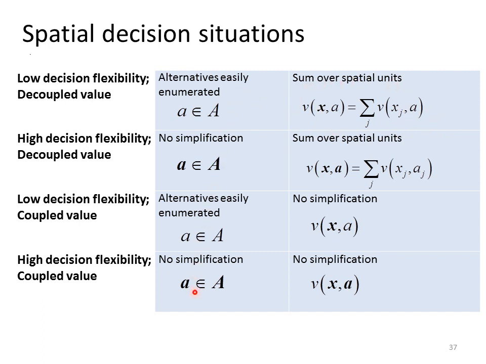On the other side, we might have fairly complex situations where there's high decision flexibility, a lot of alternatives, and the value is coupled, so there's no simplification possible. There's a whole range of spatial decision situations, from low flexibility and decoupled value, to high flexibility with everything coupled together. These problems, of course, will require different types of approximations and different levels of sophistication in our modeling.